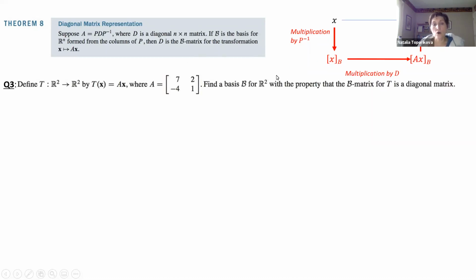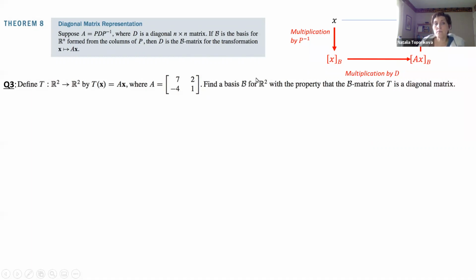Let's go step by step through this process so it looks a little less mysterious. Say we have a linear transformation from R2 to R2, carried out by multiplying by the matrix A here. Not really hard, but still a lot of computations.